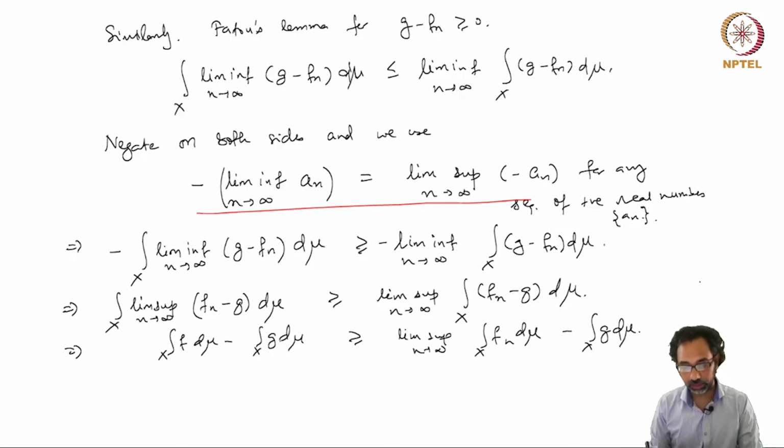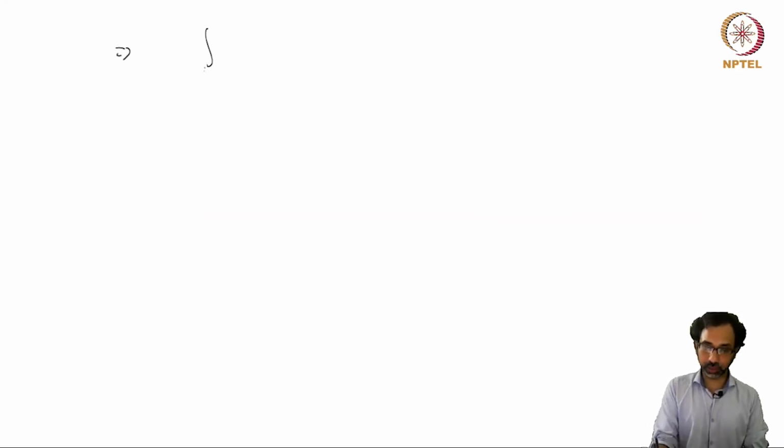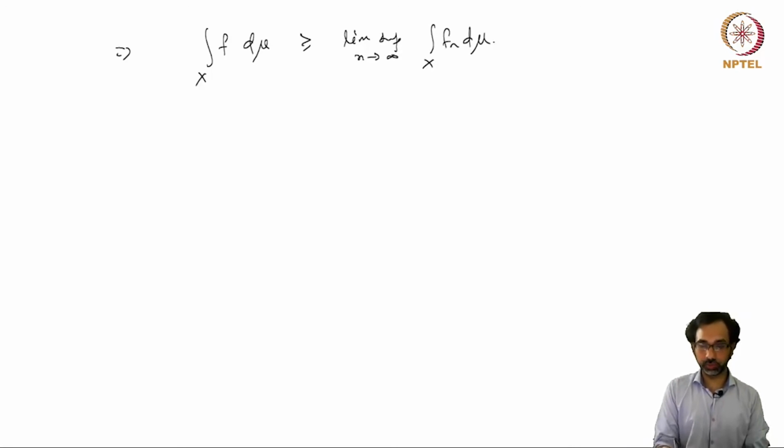But now this function g is an L1 function, so these integrals are finite, so they cancel out, and this implies that integral over x of f d mu is greater than or equal to the lim sup as n tends to infinity of integral fn d mu.